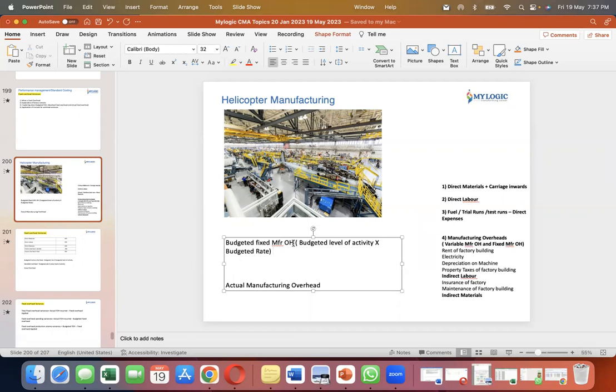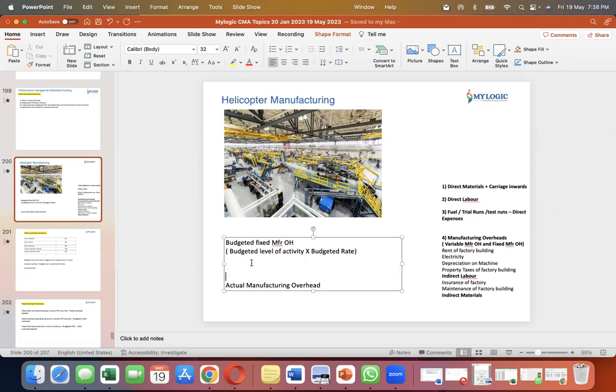This is how we calculate the budgeted fixed manufacturing overhead. If it is 10,000 units of sales budgeted, into an overhead rate of maybe 100, it is 10,000 into 100. That is how we identify it. Actual is nothing but actual expenses, sheer actual expenditure. How much you spend is the actual.